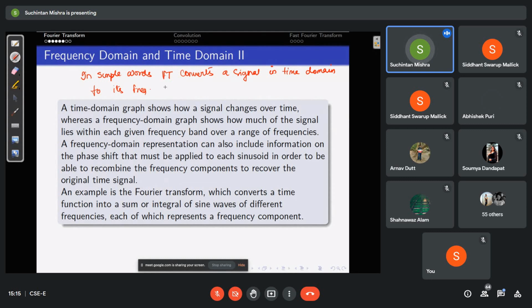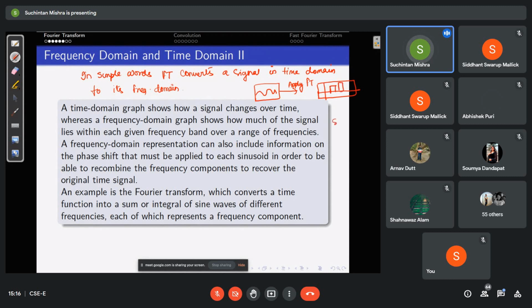So if I want the same signal to be represented in its frequency domain, I will take the time domain signal and apply Fourier transform. Once I apply Fourier transform, I will definitely get a frequency domain signal.